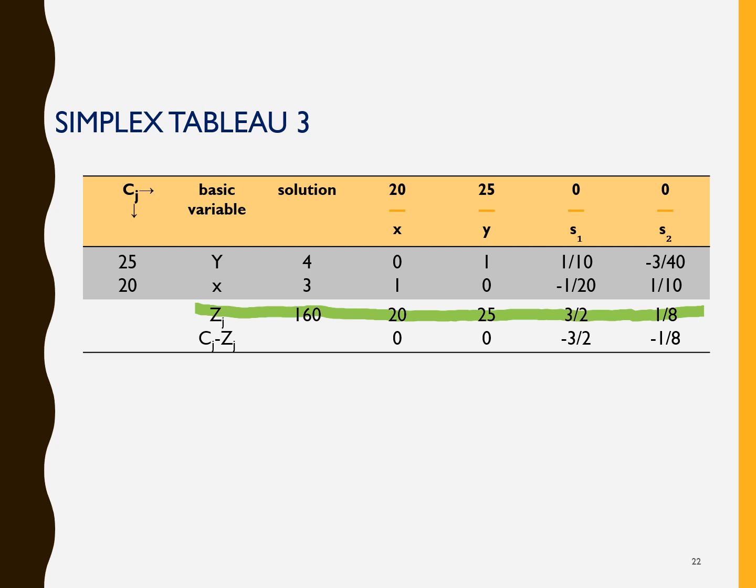We are multiplying these respective elements by these coefficients to find out this 160, and that's how we repeat this, and we multiply these 0 and 1 by 25 and 20. That makes a total of 20 here. And similarly, we are calculating 25, 3 by 2, 1 by 8.